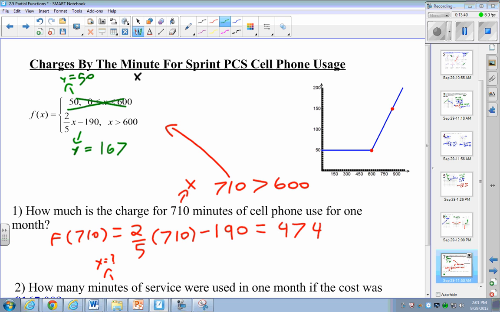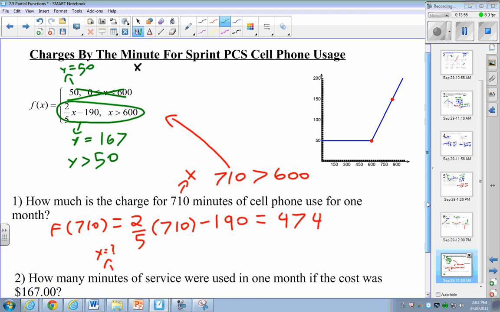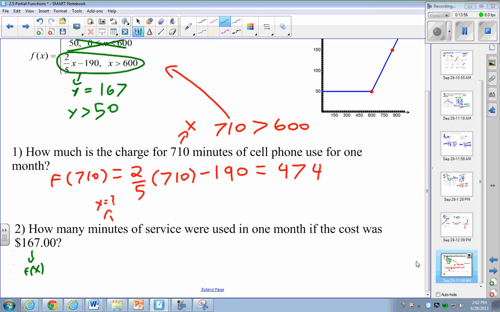We can eliminate that. But for here, this can be any y greater than 50. So we got to choose this one. Okay. So we'll have 167 is equal to... all right, and so now we just solve for x.